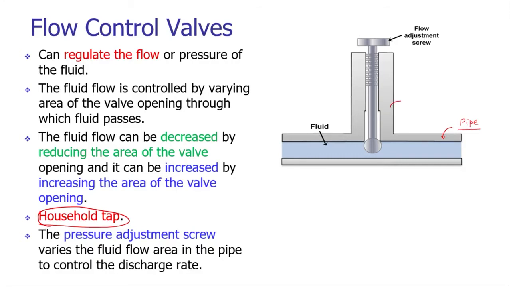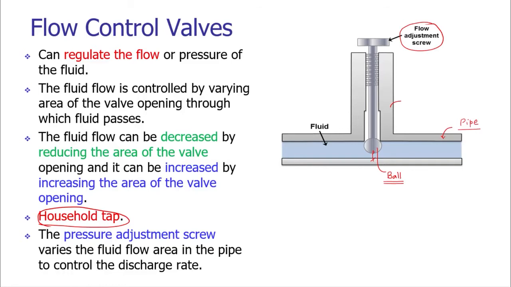The flow control valve has a flow adjustment screw, and that flow adjustment screw has a ball. By rotating the flow adjustment screw, we can vary the orifice area.